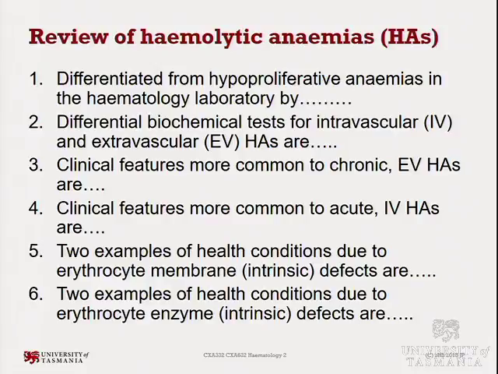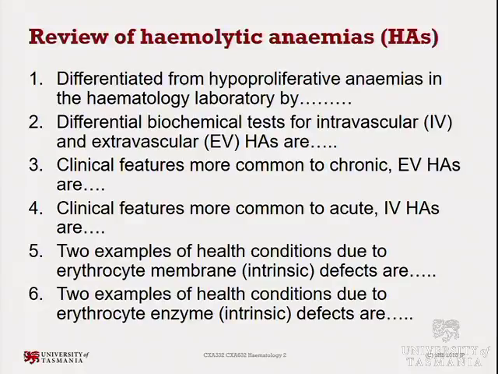So the things that differ between the two are with our intravascular hemolytic anemia, we get things like hemoglobinemia, hemoglobinuria, those sorts of things, hemosiderinuria, because of course the hemoglobin is in the plasma, it's in the fluid which is then filtered through the kidneys, so that's why it ends up in the urine.